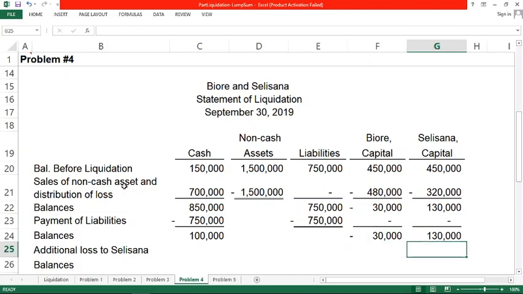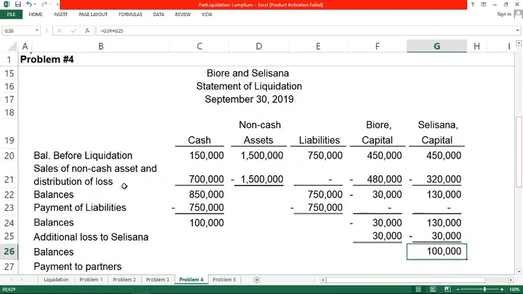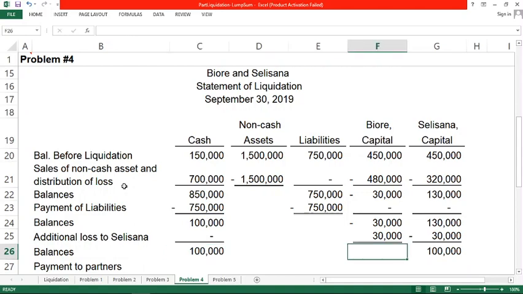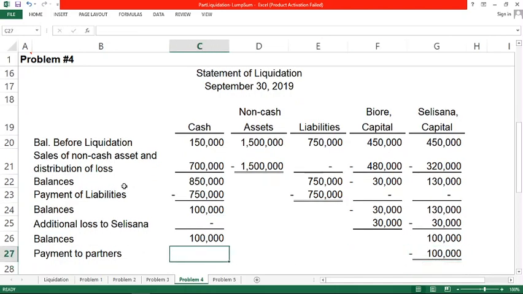So, Celisana will now shoulder the negative 30,000 of Biore. Be thankful, Biore, Celisana is still positive. Okay, so how much is left for Celisana's capital? That's 100,000 only. So, she absorbed Biore's loss so that Biore's capital balance is zeroed out. So, this is somewhat similar to the illustration in problem number 3. Right? A partner went negative. So, 100,000 cash and there is no other partner, only Celisana. So, let us give all of it to Celisana.